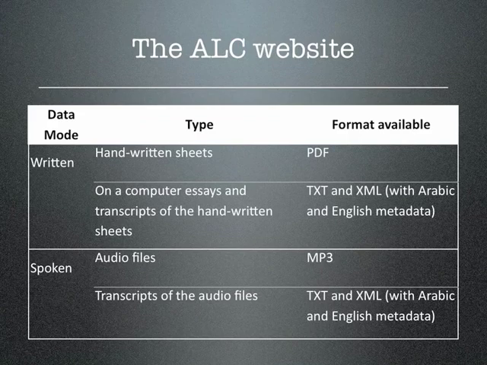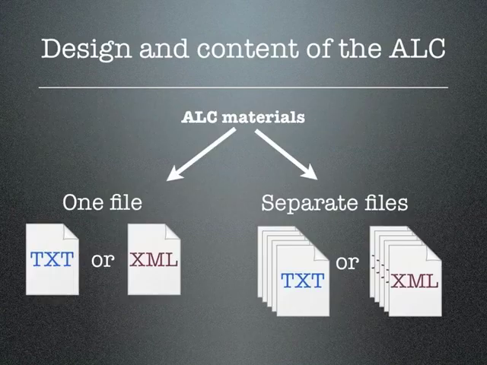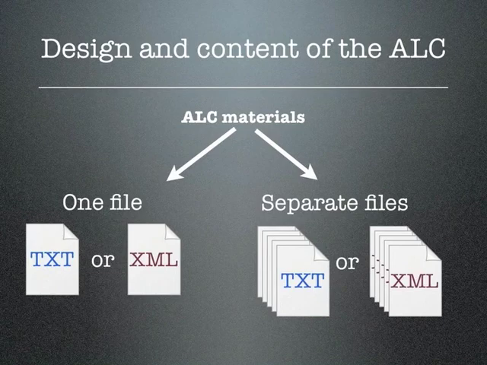As for the audio files, they can be obtained in MP3 format, and their transcripts are also available in TXT and XML formats. In addition, the user has the choice to download the whole corpus in one file, TXT or XML, or to have each text in a separate file. 1,585 files exist in the current version.